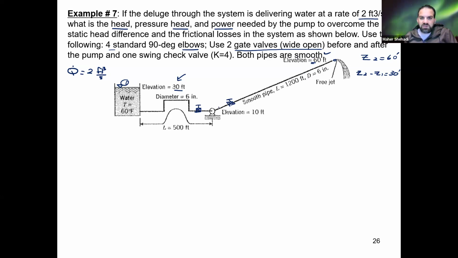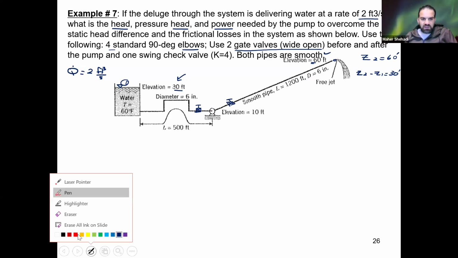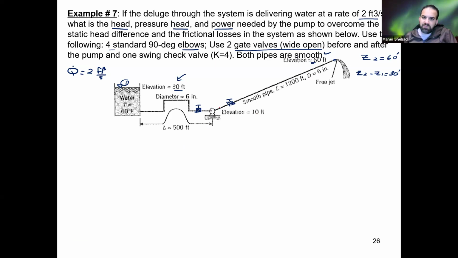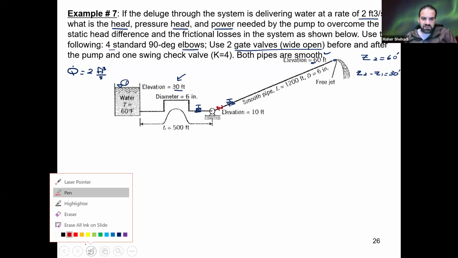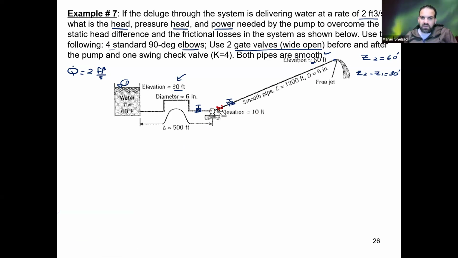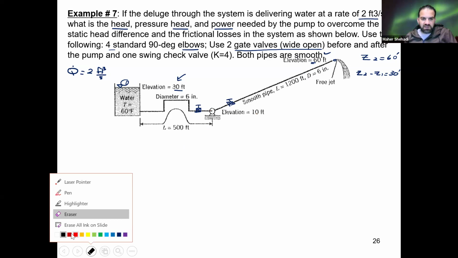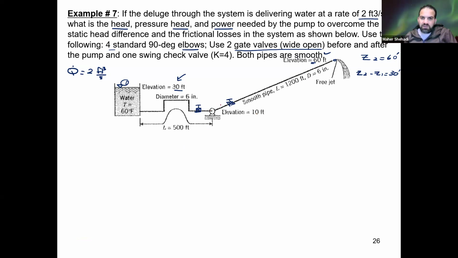They didn't say where, but usually we put it on the discharge pipe here. And that's when the pump is shut. Let's use the symbol that we're familiar with. So the water doesn't go back, and it helps in priming or starting up the pump.